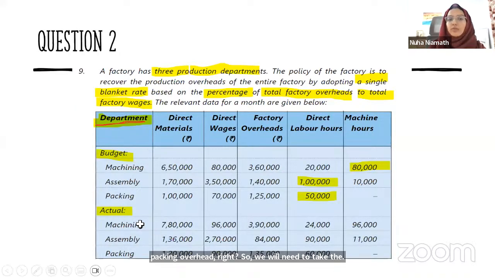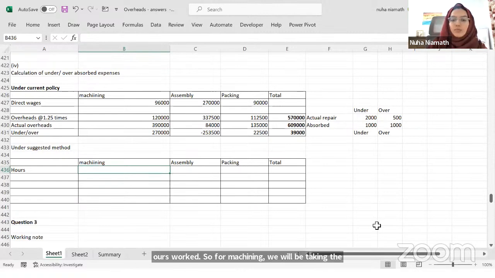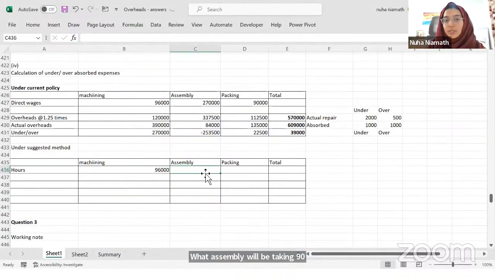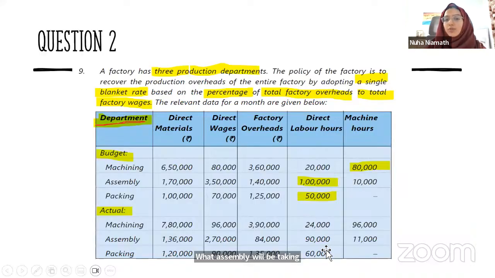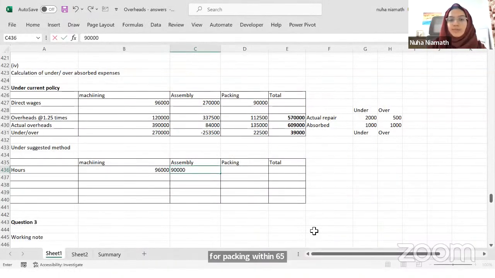So for machining, we will be taking the machine's actual hours, which is 96,000. For assembly, we'll be taking 90,000, and for packing, we'll be taking 60,000, right?